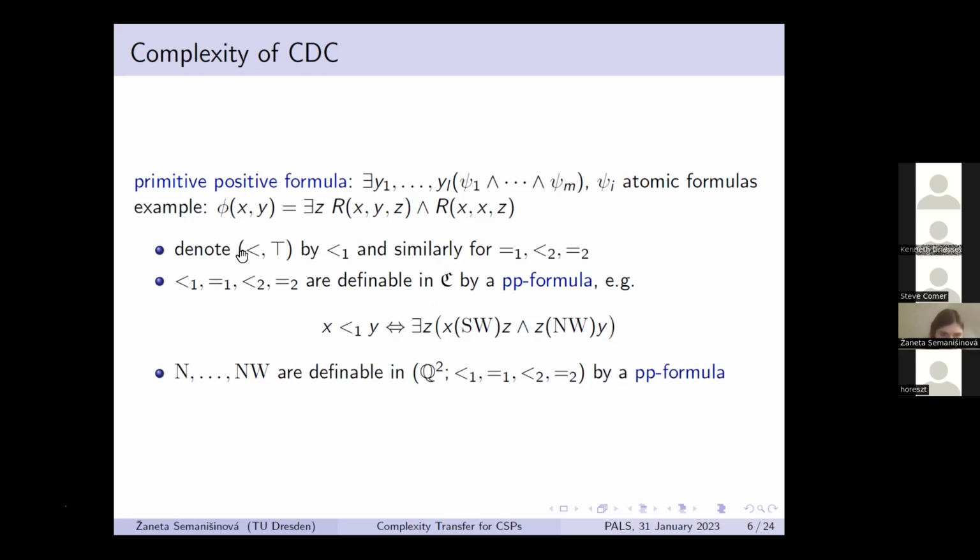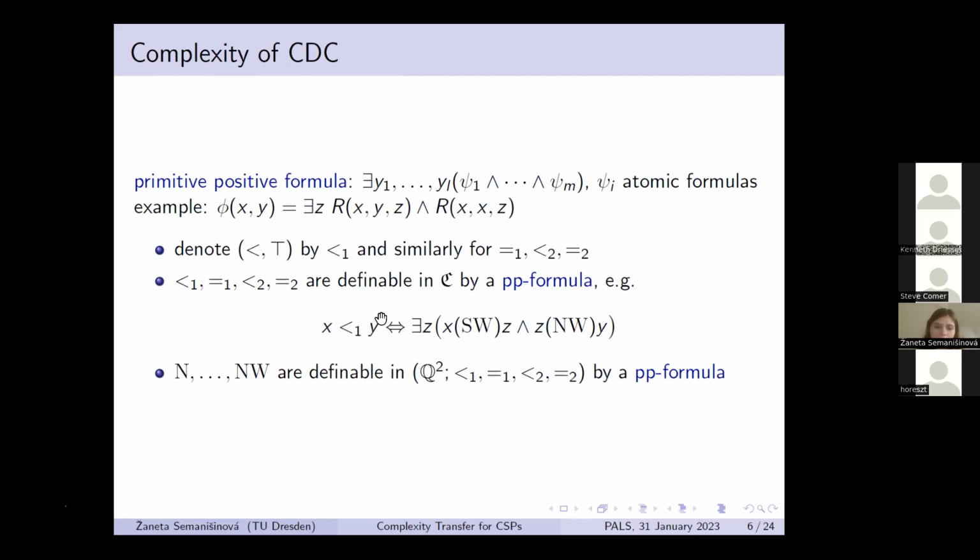By this notation, I really mean ordered in the first coordinate, and anything could happen in the second. And similarly for equality, disequality, and so on. And so these four relations are definable in the basic relations of CDC by a primitive positive formula, or PP formula, as I will sometimes say.